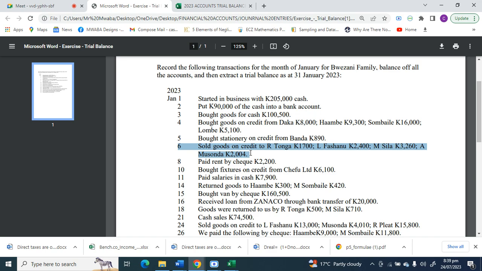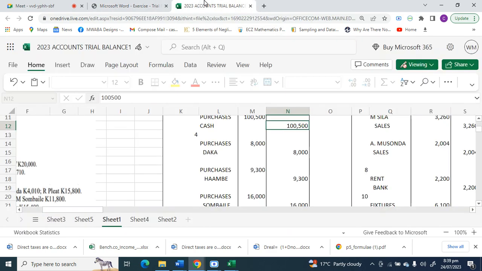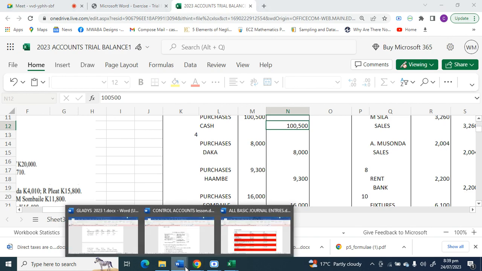The other account which is involved is sales, the sales account. Sales is going to increase. Sales is a revenue account.